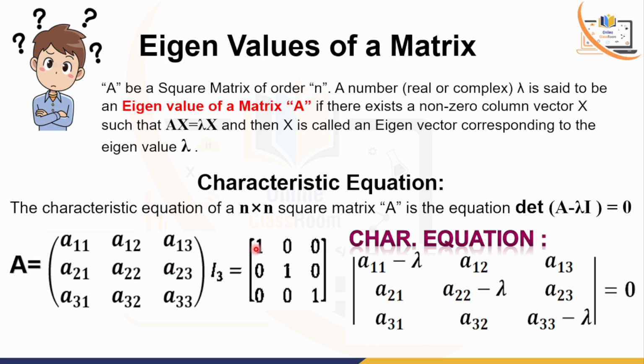So if I subtract these two matrices, the first element becomes a11 minus lambda, and similarly each diagonal element will be subtracted by lambda. That is the corresponding characteristic equation. Since it is a determinant, if we break it down, we can easily get an equation involving lambda. That is the characteristic equation of the system.